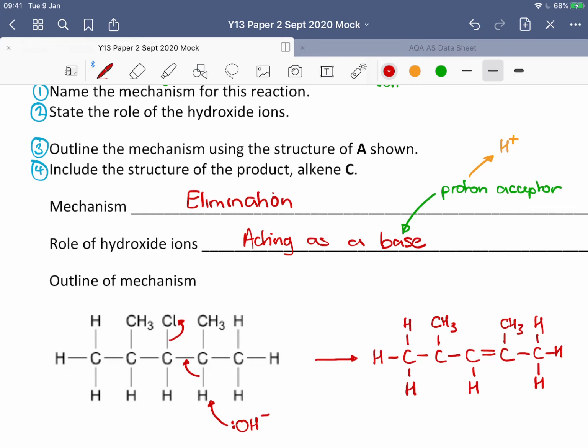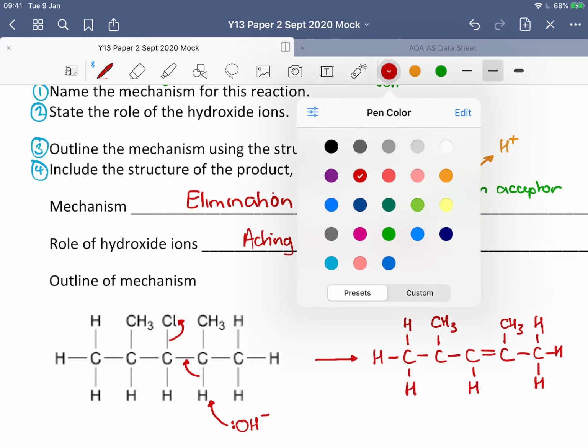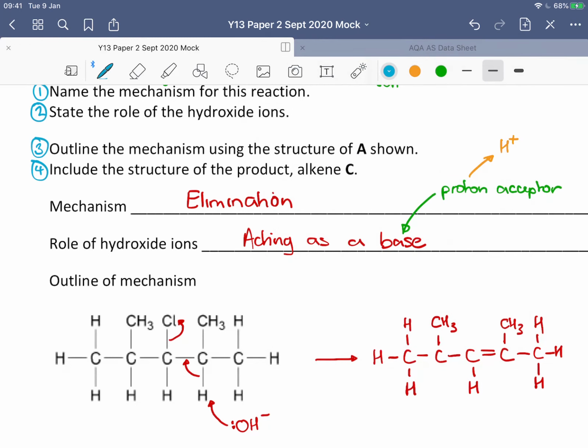And so there is our product. So let's just go through, have we done everything that we needed to do? Well, we've named the mechanism, we've stated the role, we've outlined the mechanism, and we have included the structure.